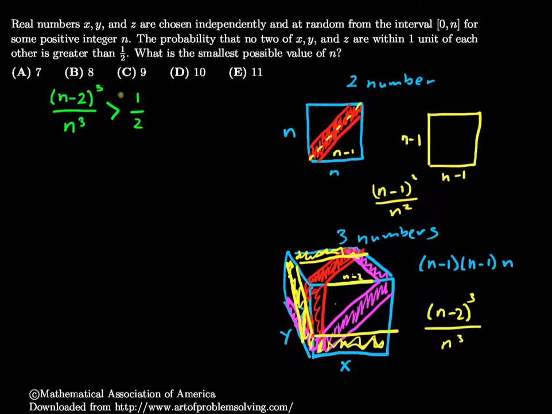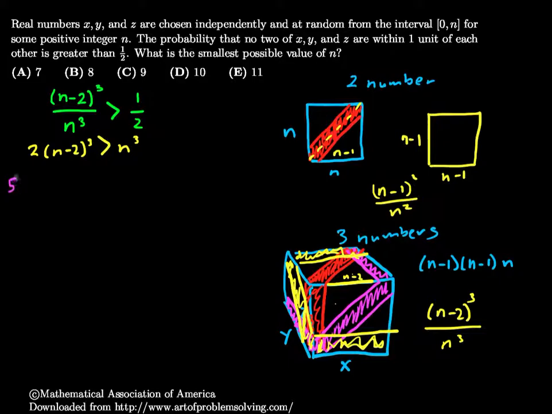So we're back here. And we need to solve this, so let's multiply by n cubed and multiply by 2 to see this a little bit clearer. So we need to see where 2 times (n minus 2) cubed is greater than n cubed. Now let's just look at some possible situations. The lowest possible n we could have here is 7. So let's look at 7 minus 2, 5 cubed, and 7 cubed.